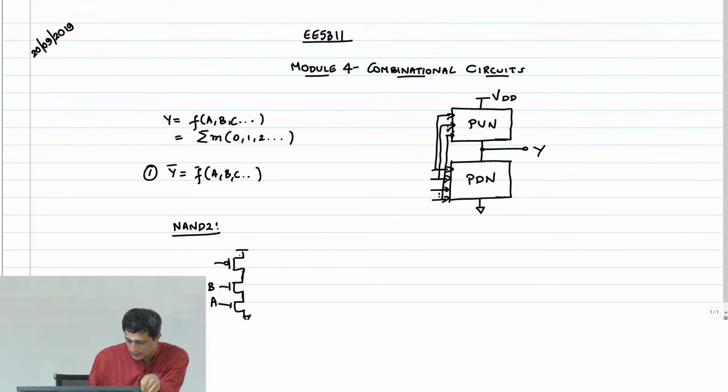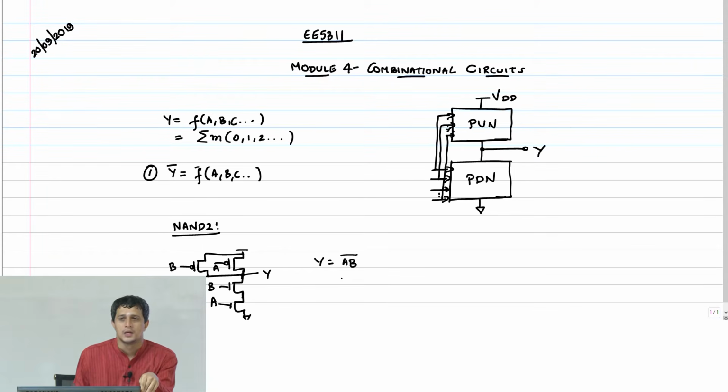Inputs A and B, output y, y equal to A B whole bar. The size of this NMOS transistor was to be chosen so that the net pull down strength of that NMOS stack in the worst case is as much as it is for a reference inverter.